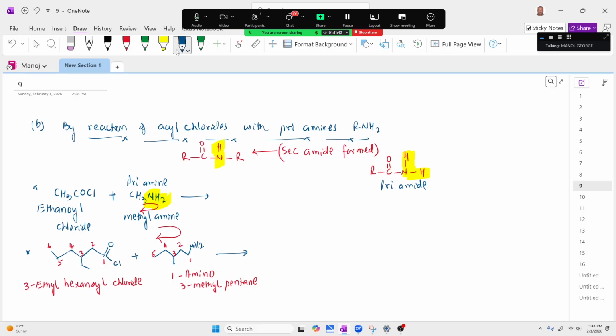Please type DN for done if you finish. Name of the reaction, condensation reaction. Have you done?